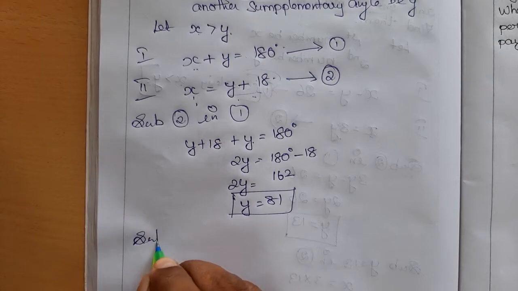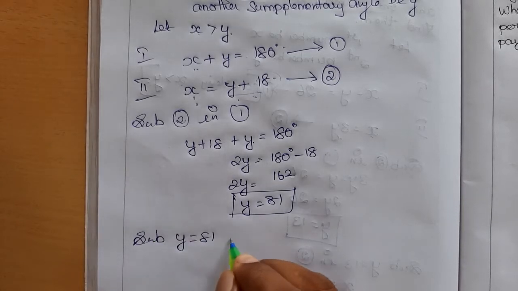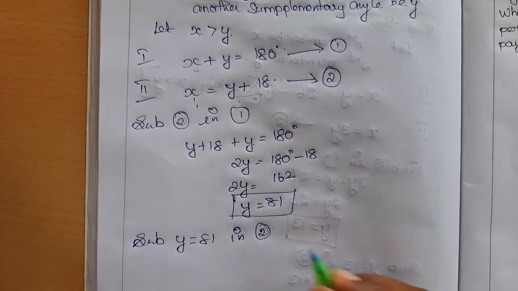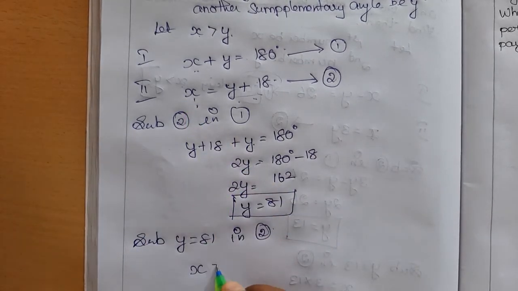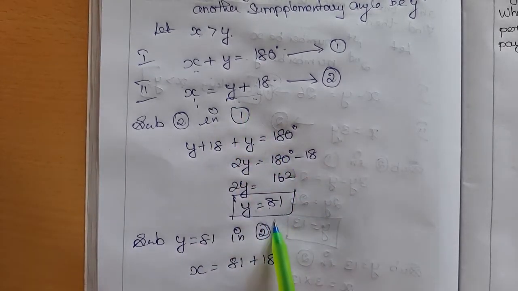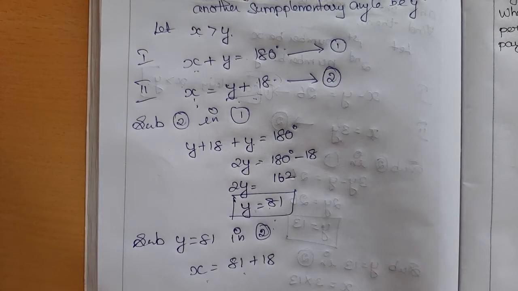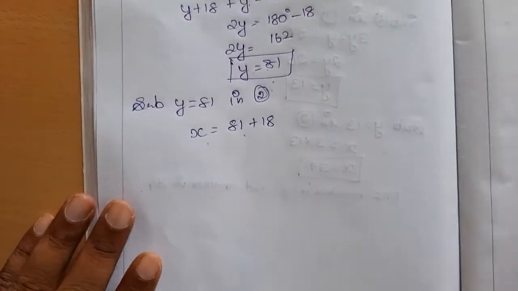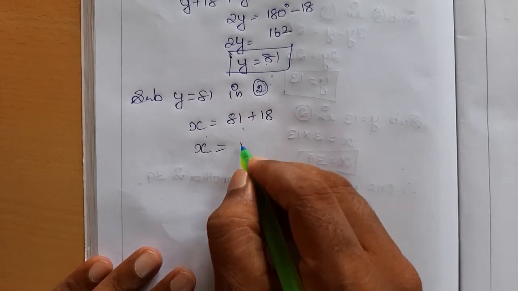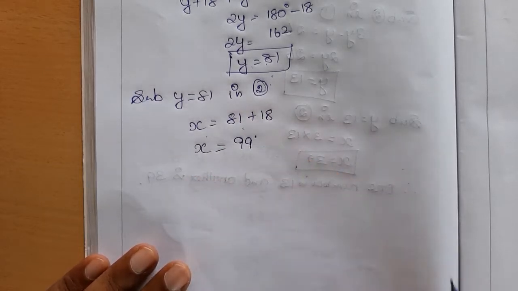Now you substitute y is equal to 81 in any equation. Let me substitute in equation 2. So x is equal to y plus 18, that is 81 plus 18, right? So what is 81 plus 18? 99, right?